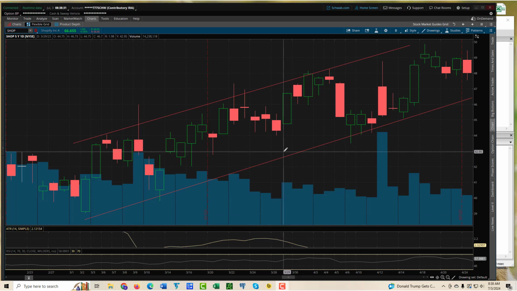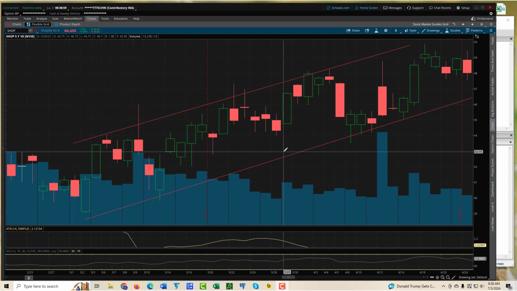Now, do these trade setups actually work? Does it work to buy at the bottom of a channel up pattern? That's a great question. What we do at Stock Market Guides is we look at data and give you answers using historical data. So for example, with Shopify, we've identified that it's in an upward channel.